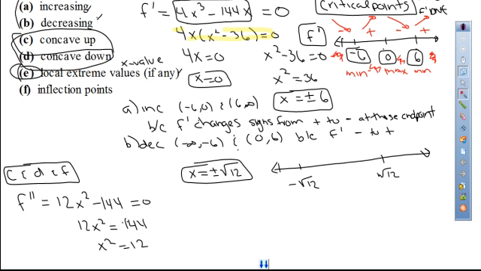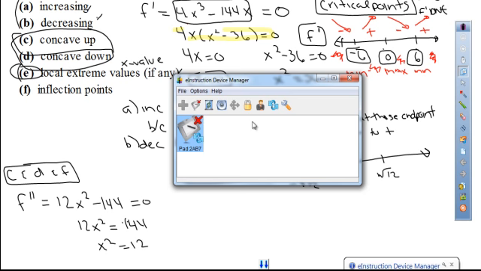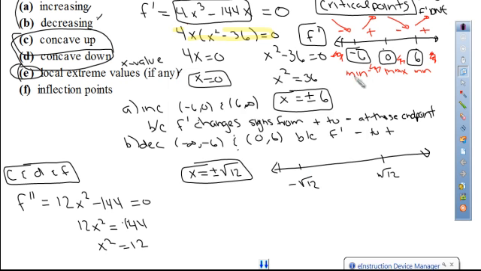So since I'm checking to see whether I'm concave up or concave down, I'm going to be checking the sign of the second derivative.